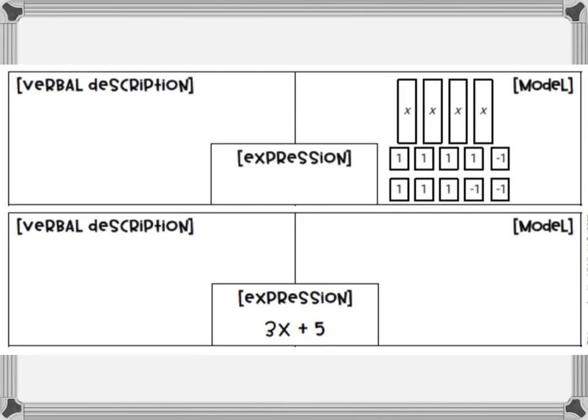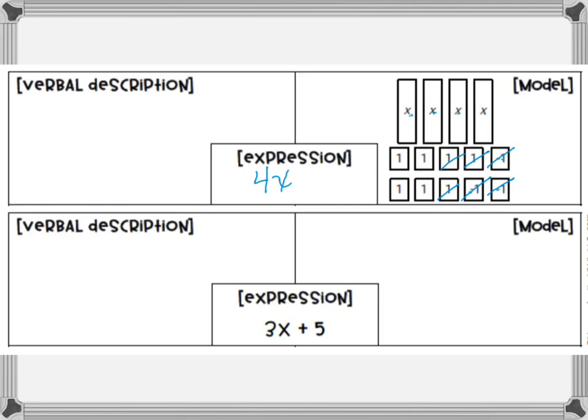So let's look at this next situation. When you have these long x's like this, we know there's 4 of them. 1, 2, 3, 4. I don't know what their value is, so I do know that I'm going to have 4x. Well, then I have to figure out what else is left. I've got 1, 2, 3 negative 1s. So 3 negative 1s and 3 positive 1s are going to give me 3 zero pairs.